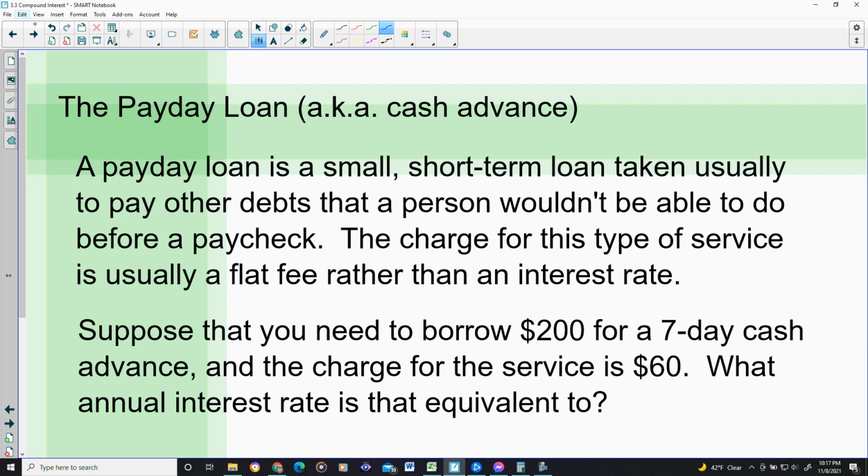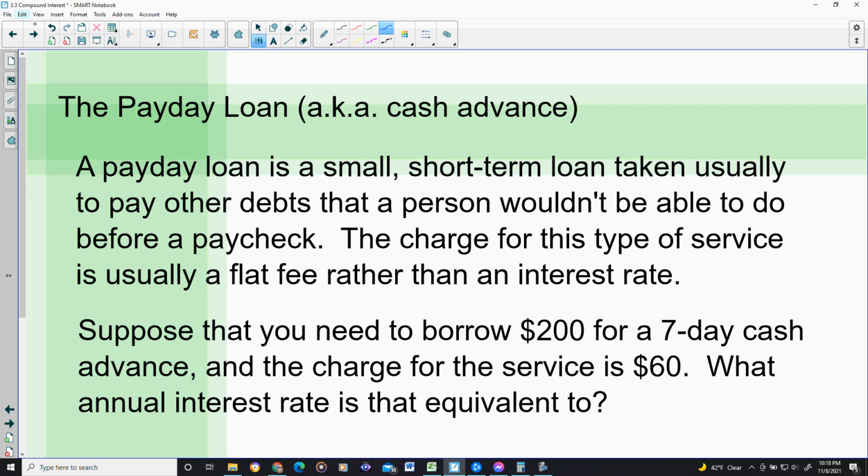So essentially, a person who needs money to do something before they get their paycheck at the end of the week, they can go to a store on, say, Monday or Tuesday if they get paid on Friday, and they'll ask for this kind of loan. And they'll say, okay, you can pay us back next week.